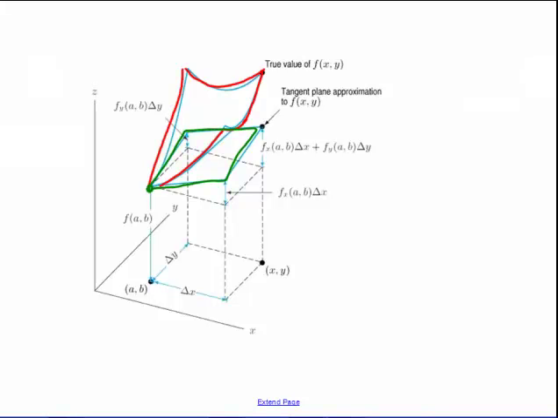The idea being that if we fix y, so here's my y-axis, and I only change x, that change in z value is the change in x times the partial derivative with respect to x.